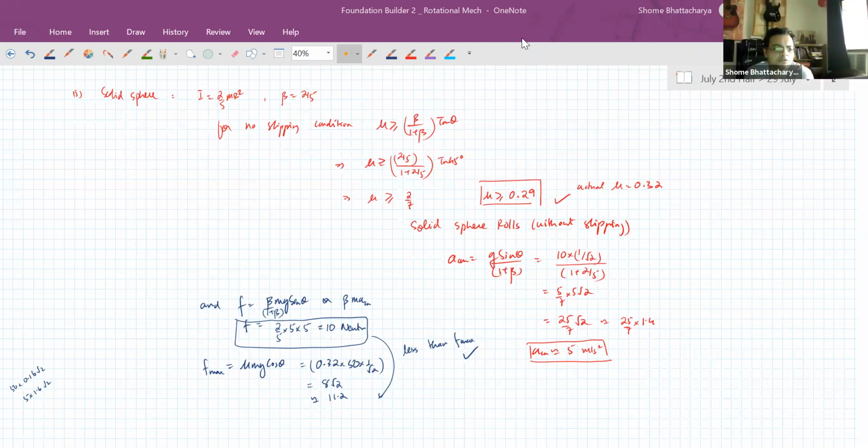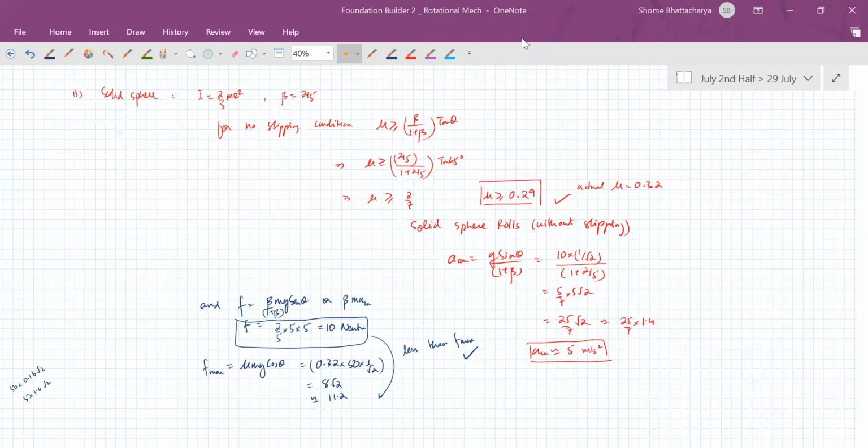Yeah, that's what you need to do. You need to check that enough friction is available. And if it is available, then you can use the formula directly for ACM. It is g sin theta upon 1 plus beta. But what I'm saying is, if that condition is not satisfied, then how will you find the ACM? That you need to think a little carefully. Okay.